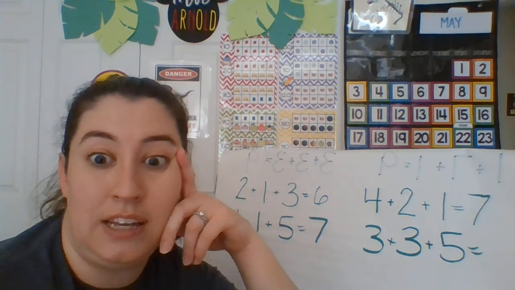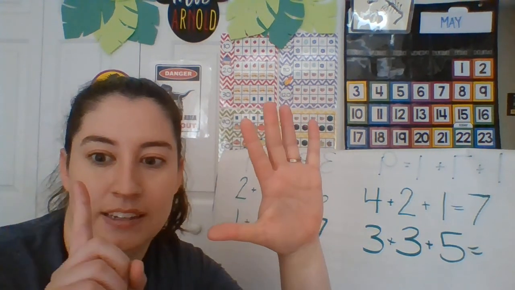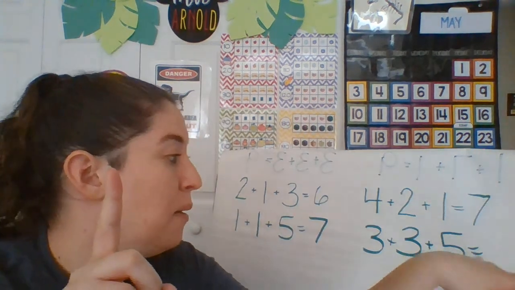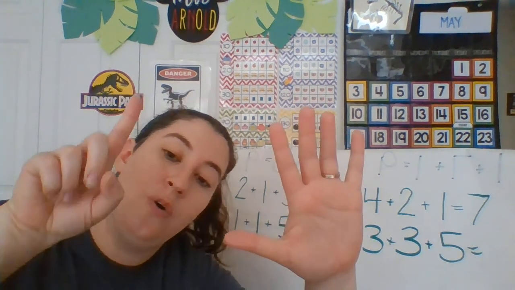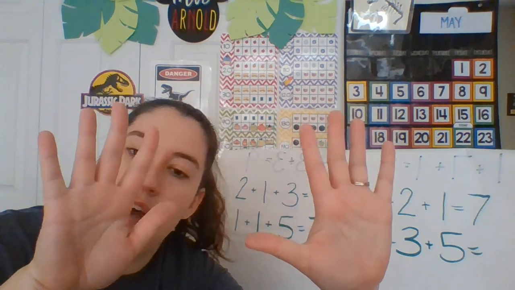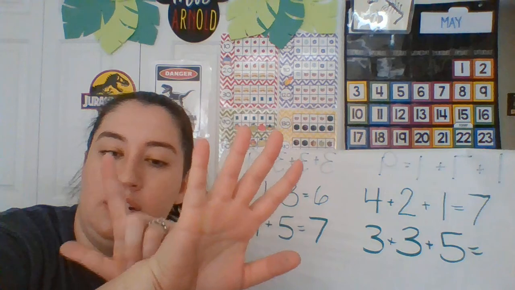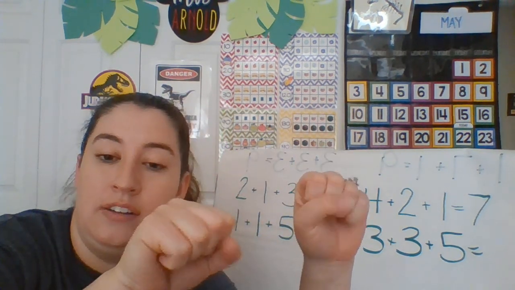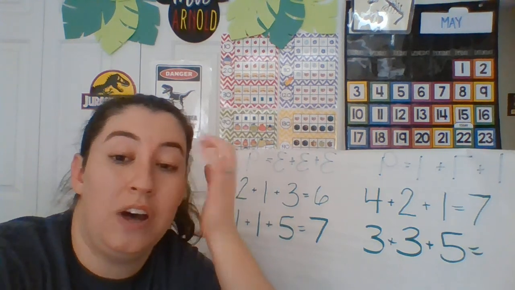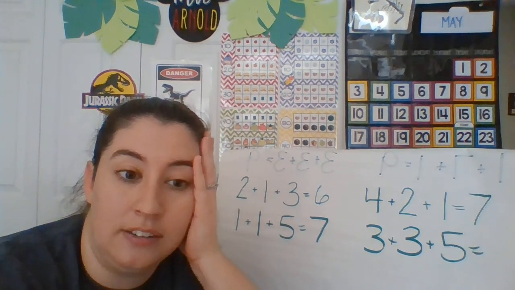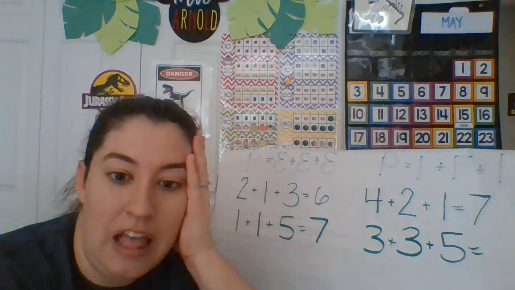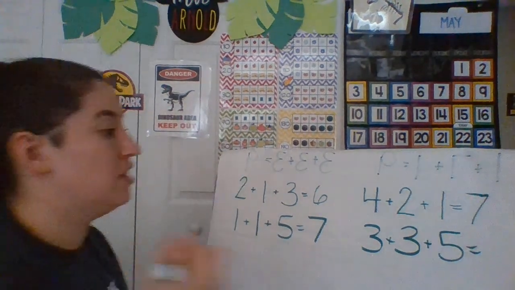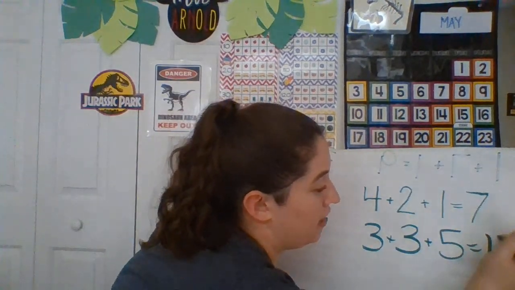Well, 3 plus 3 is how much? 6. 3 plus 3 is 6. Plus 5 more. Ready? 1, 2, 3, 4. I only need one more and I don't have one extra finger. So I'm going to imagine an imaginary finger over here. So I know I have 10 plus my imaginary 1 makes how much? What's 1 more than 10? 11. Mrs. Arnold saw 11 dinosaurs playing on the playground.